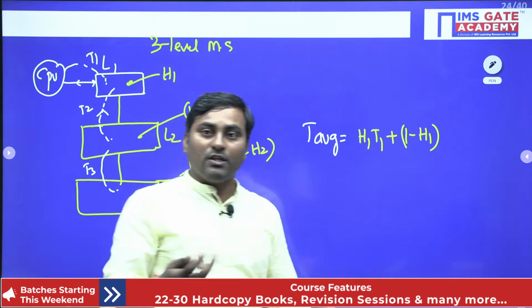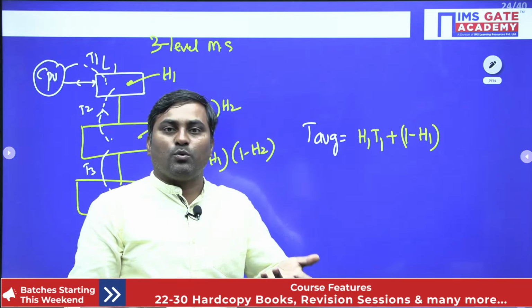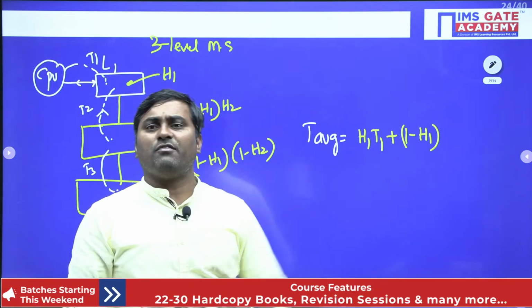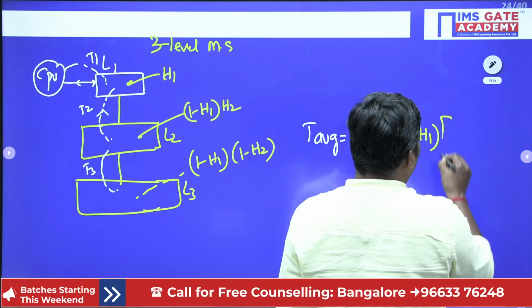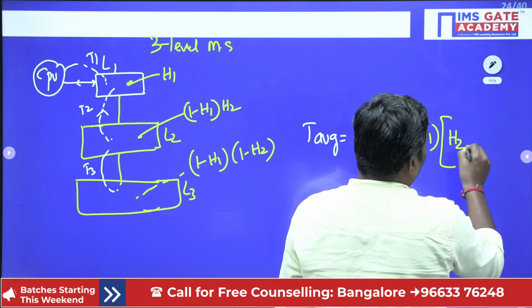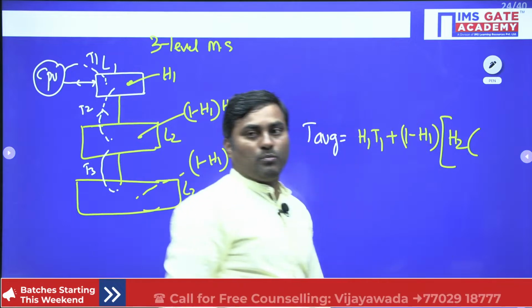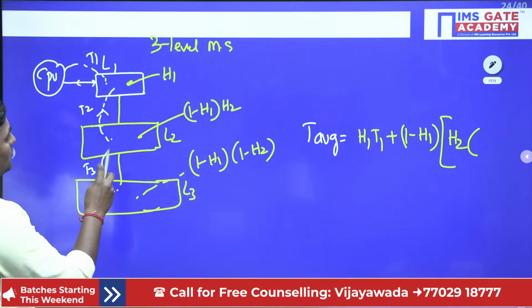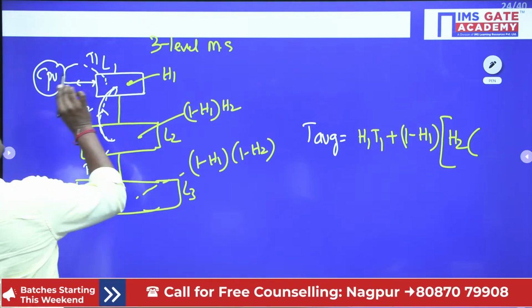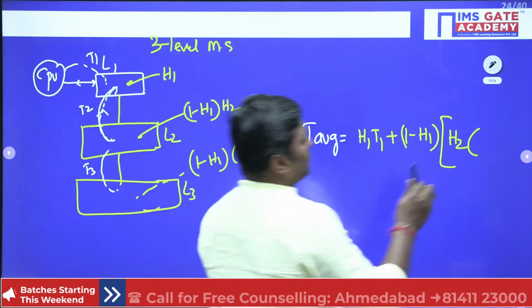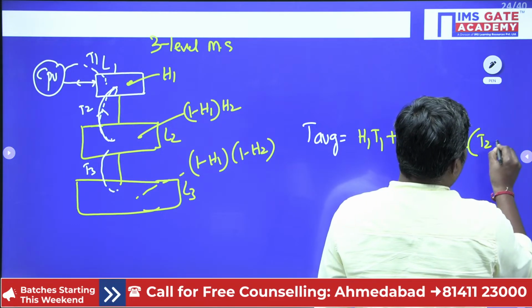Then I have to search in level 2, right? Do you guarantee level 2 is compulsorily available? No, it can be a hit or miss. So H2 has to be made; I open the bracket. If it is in level 2, then what to do? From here it has to be transferred, T2 time required, and from that you give it to the CPU. So T2 plus T1 is required.